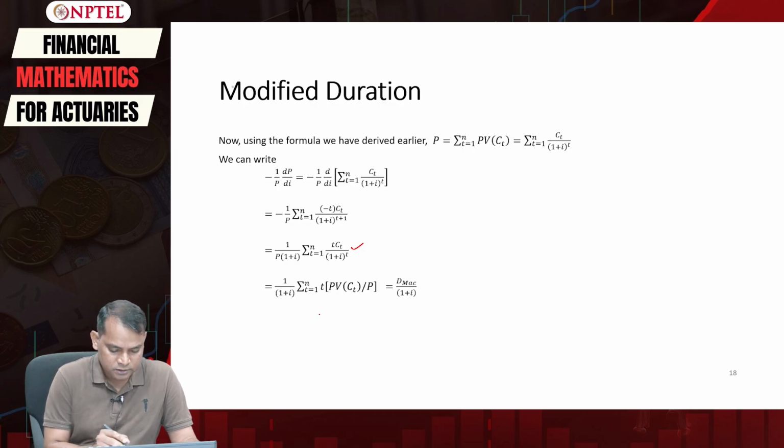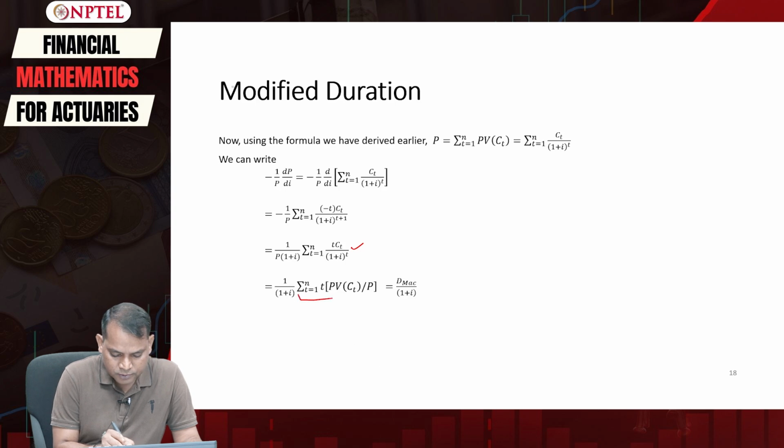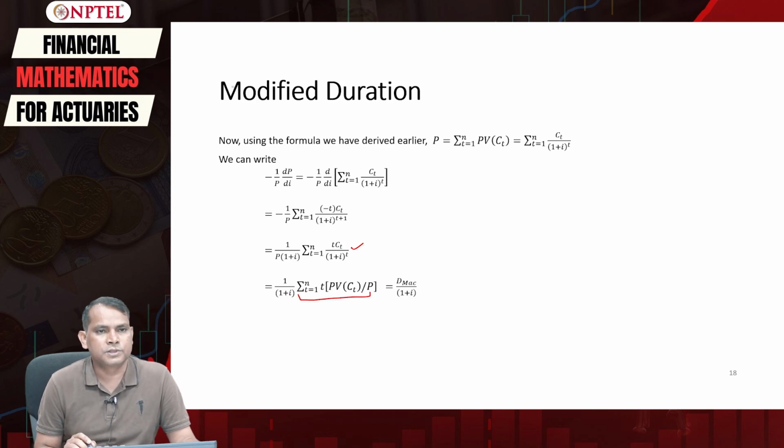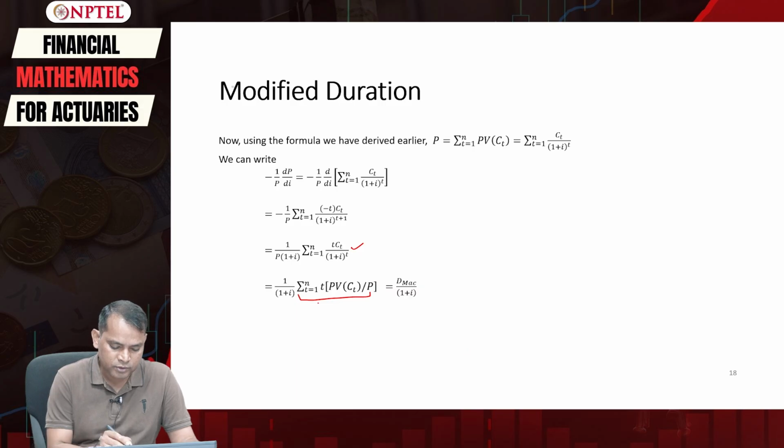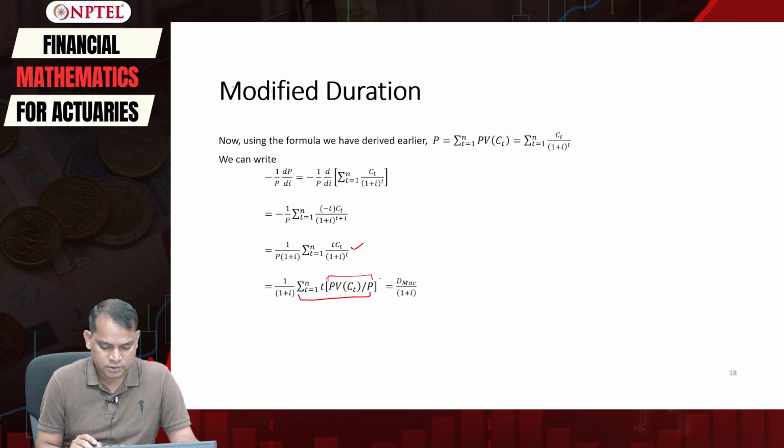This term is what we have just derived as the Macaulay duration. So the Macaulay duration was the summation of t times wt, where we have taken this term as wt. So this can therefore be written as D_mac divided by (1 plus i).